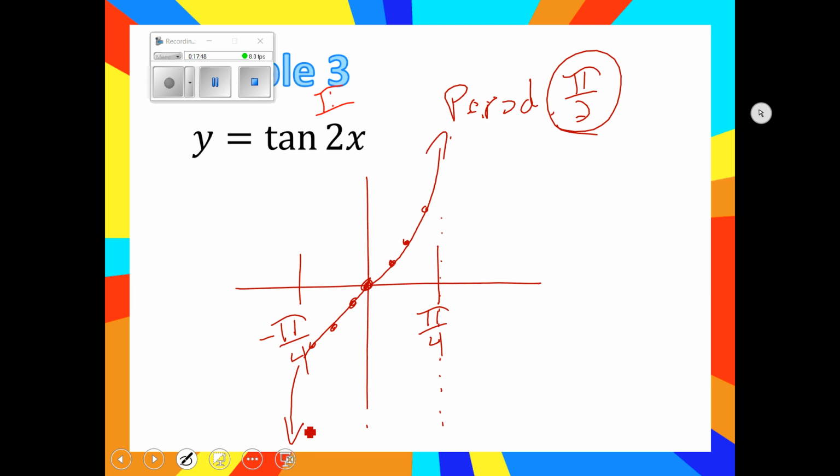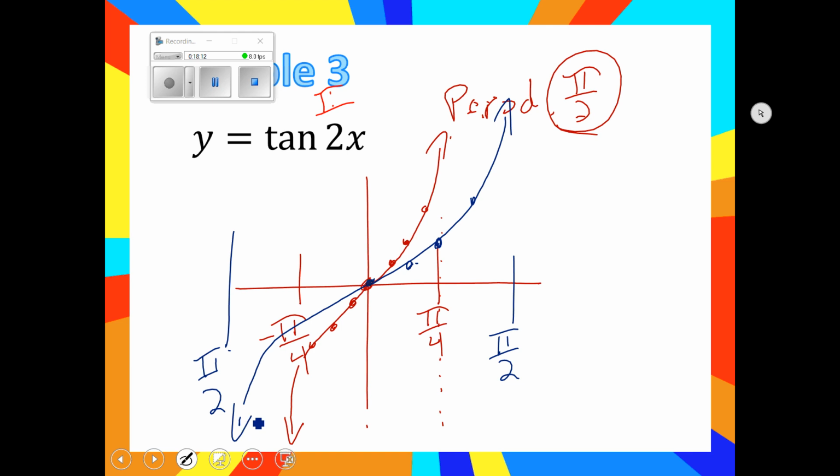The original goes all the way out to pi over 2. So if I graph the original, pi over 4 is at 1. The original is going to look like this and head towards that line. Does everybody understand? Did I lose you on that?